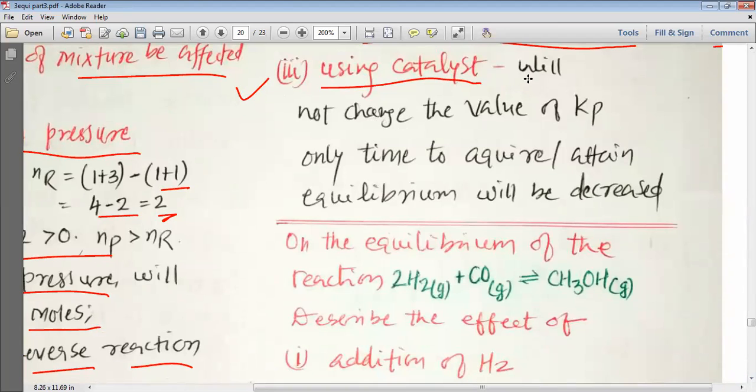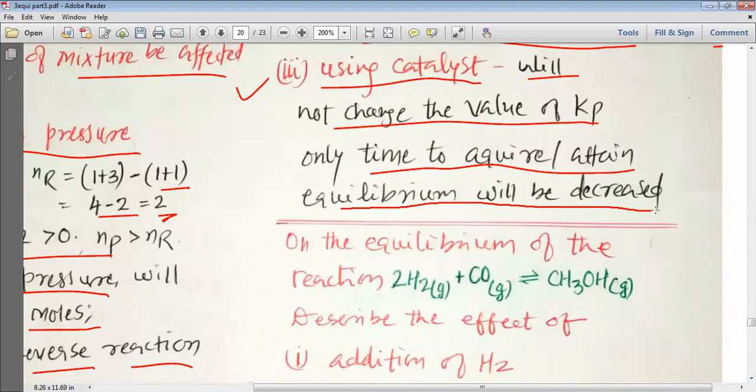Now, my dear students, we have the next idea, that is using the catalyst. Using the catalyst will not change the value of Kp, only the time to attain the equilibrium will be decreased. So please remember that catalyst does not affect the equilibrium constant, but catalyst only increases the rate of the forward reaction and the rate of the reverse reaction equally, and thus we can reach the equilibrium faster.